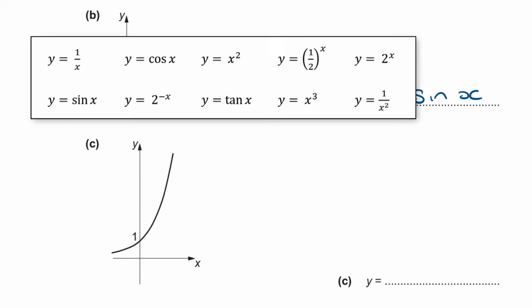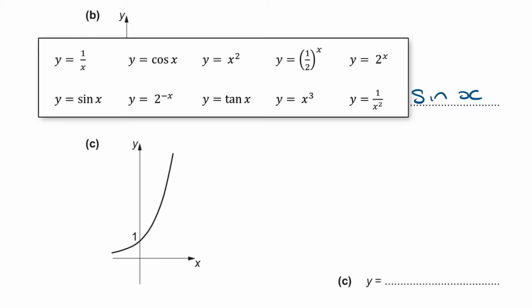Okay, and then C, this one is what we call an exponential curve. Okay, so you need to be able to recognize all these graph types. You can tell it's an exponential curve. Look, it passes through 1. It's approaching the x-axis in that direction, and it's kind of zooming up higher and higher in the other direction.